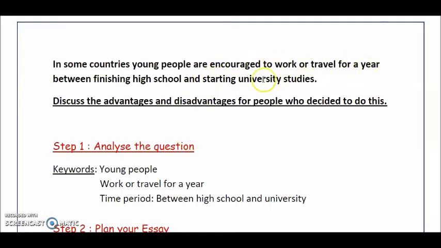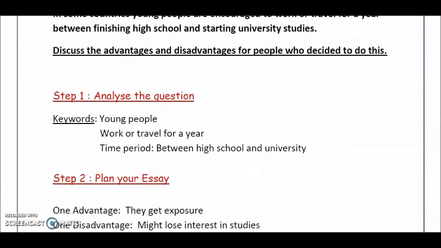So this is the issue at hand. To work or travel for a year. And they have given us a specific time period. And the time period is between finishing high school and starting university. So these three things should be on our mind before we start writing or planning our ideas.